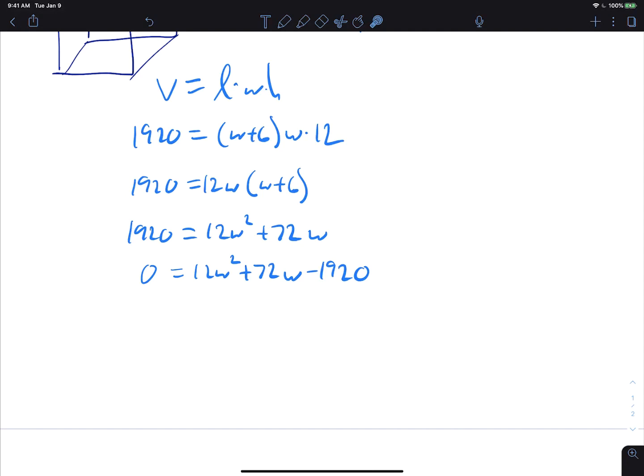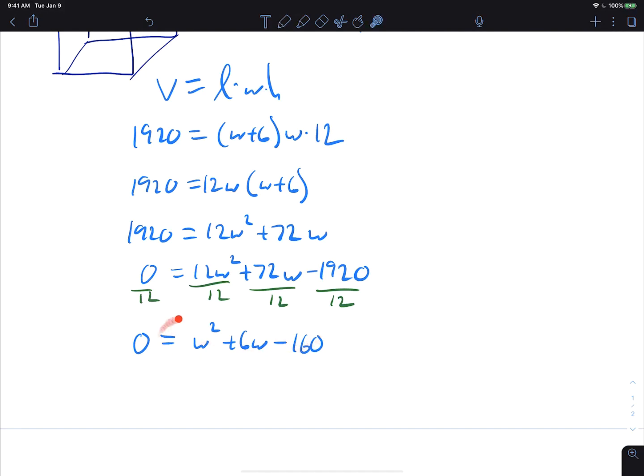But I believe in this case it is in fact 12. So dividing each of these by 12 gives us the following. Let me go ahead and write that down. Divide by 12, divide by 12, divide by 12, and divide by 12 gives me 0 is equal to W squared plus 6W minus 160.